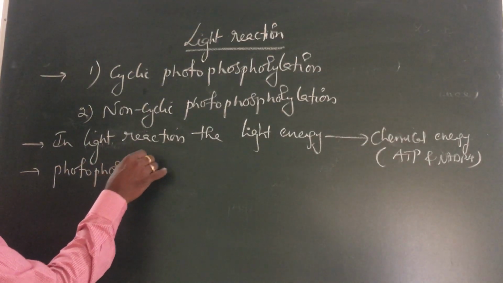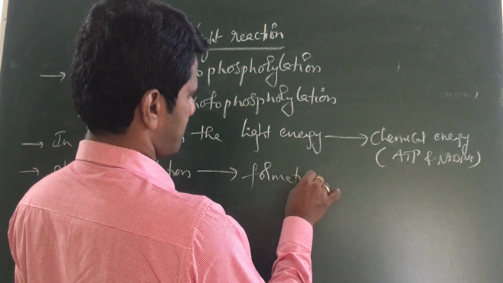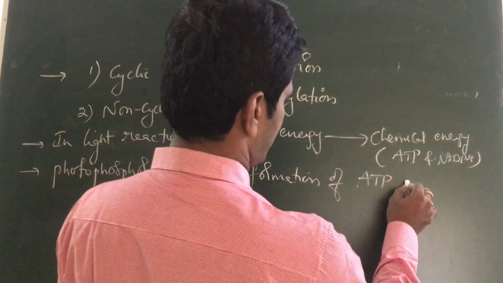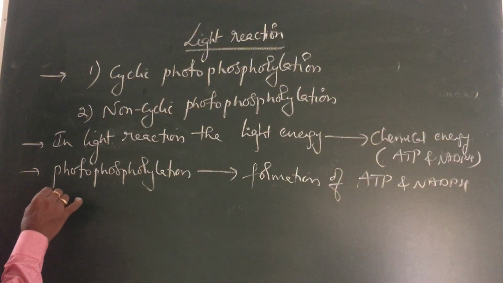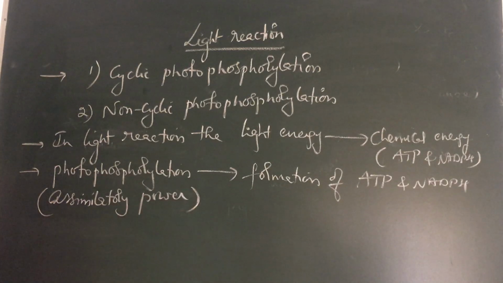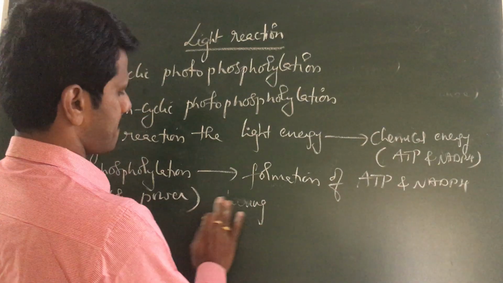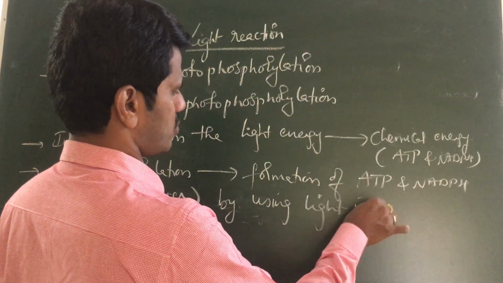What does photophosphorylation mean? It means formation of ATP and NADPH, which is nothing but the assimilatory power, by using light in photosynthesis.